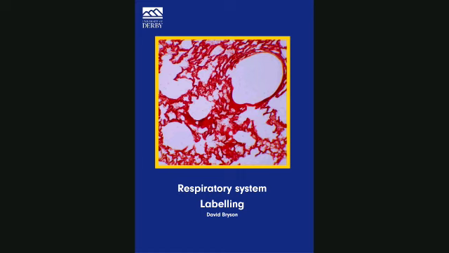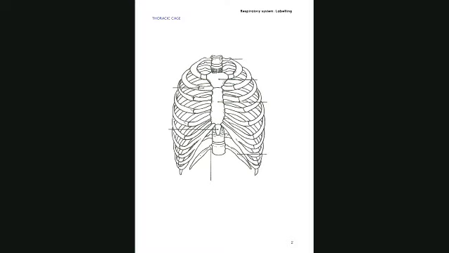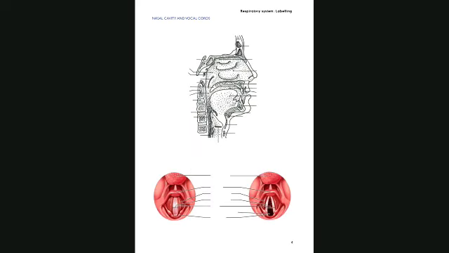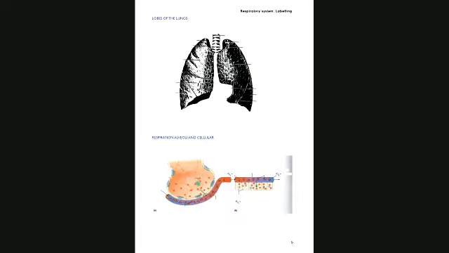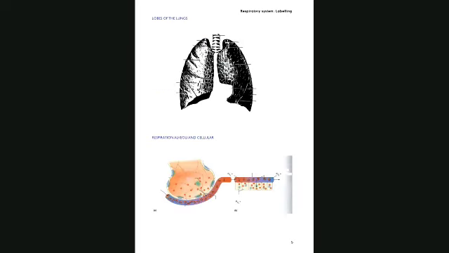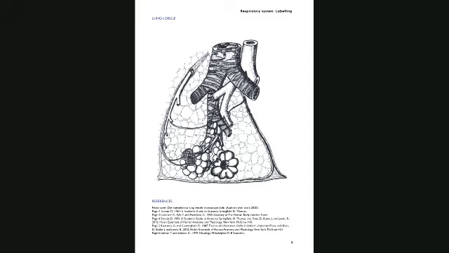This one's about the respiratory system, and again, simple things like the chest and the ribs for labeling, parts of the larynx, parts of the mouth and nose, the vocal cords. So once you've listened to a lecture, have a go at the labeling book to help you learn about different aspects. Adding labels is a good way to learn about things.